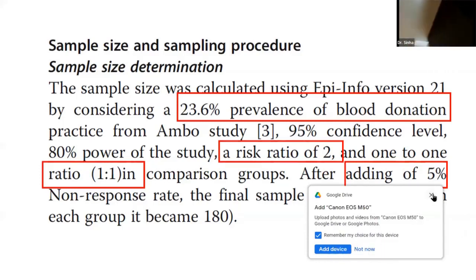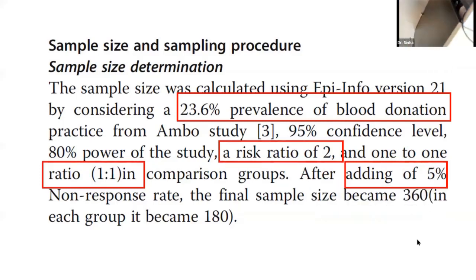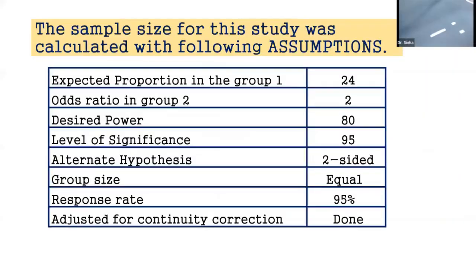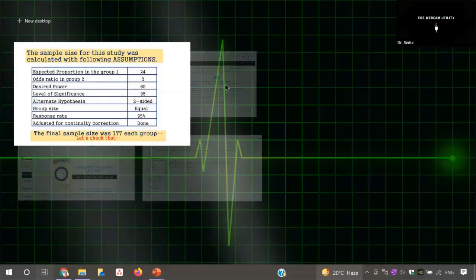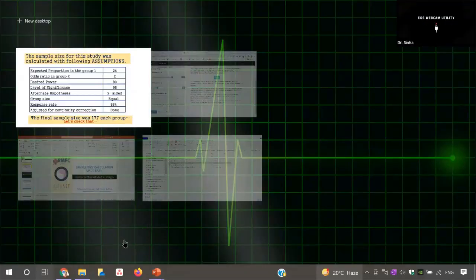So now let's see the sample size calculation. It was 23.6%, so I will take it as 24%. So let's go to the statulator. I have reset this.